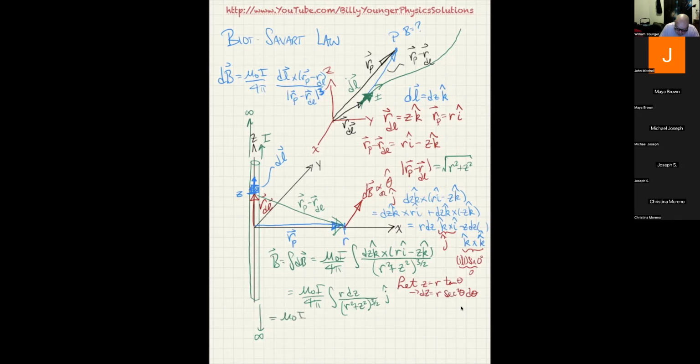I'm going to go ahead and pull out some stuff that I knew didn't matter. So for instance, the r that comes out in front, and now I've got the 4 pi down here. And now I'm going to say it's the integral. I'll go ahead and put the j hat out here too. It's the integral of dz becomes r. We've already put one r over there. So I've now got another r secant squared theta d theta.